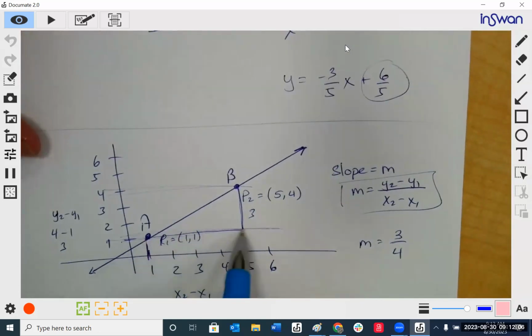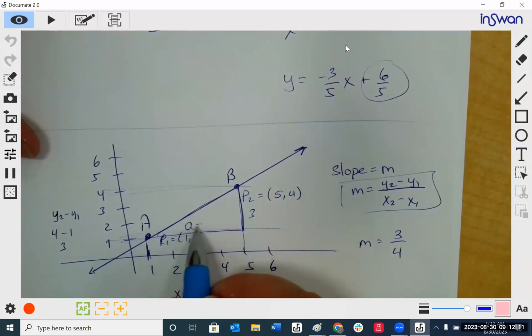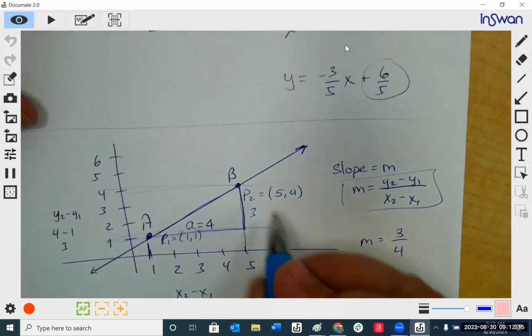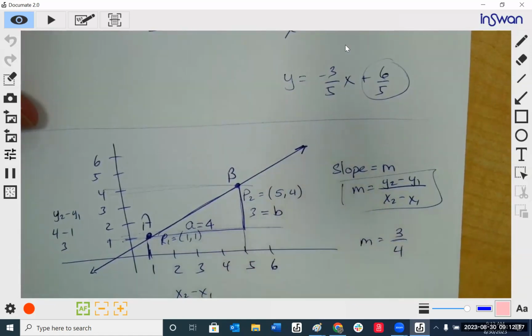Here's our triangle. This length is side A. It's 4 units long. This is B, and it's 3 units long.